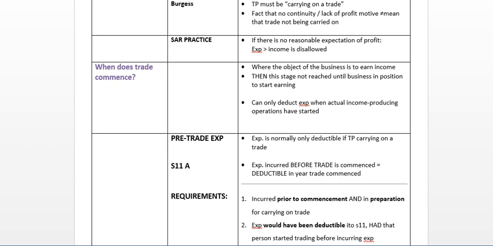So you may incur an income today, but you only receive it next year. But because you incurred it, that means it is income for you that you need to include within the definition. Okay.